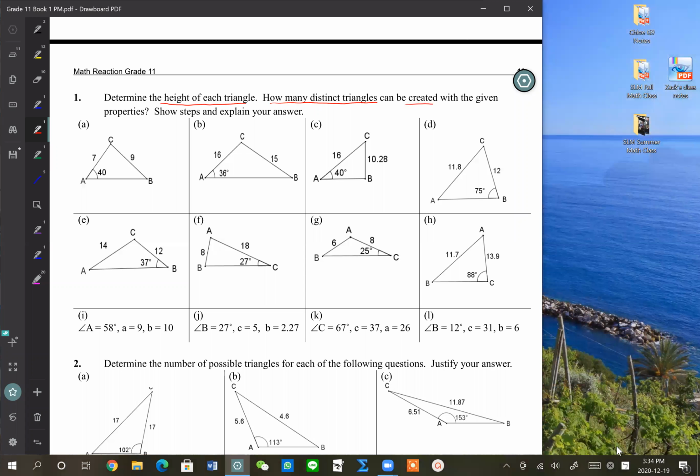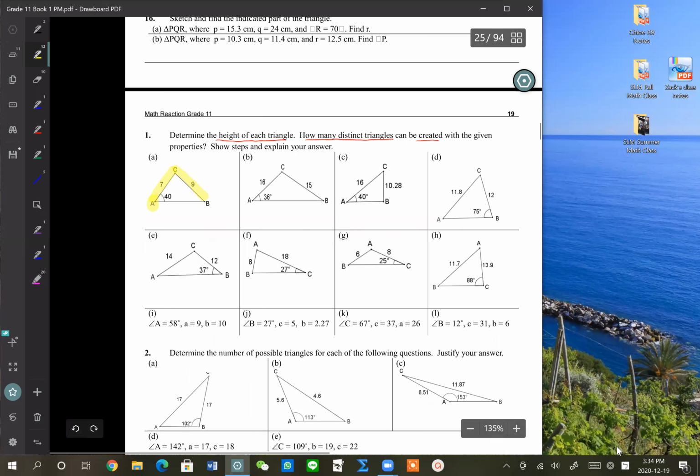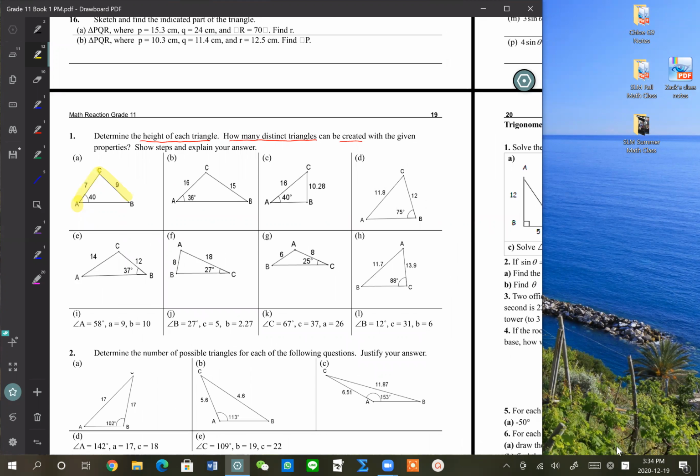So you will need to worry about the ambiguous case here. For example, question A is the normal one. We have the angle, 40 degrees, side, side. So the door, you can see right away. They might try to trick you by flipping it. For example, in question D, they put the angle on the right side and then side, side.